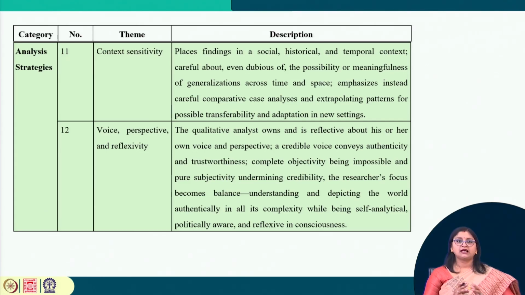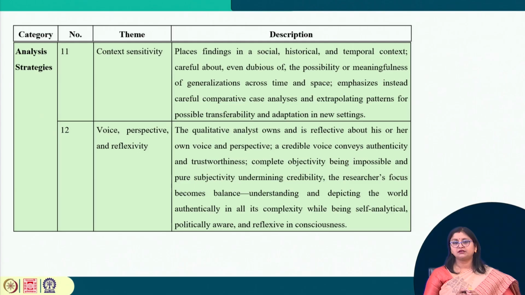So, the last two categories of analysis strategy are context sensitivity, and voice, perspective and reflexivity. Regarding context sensitivity, Patton mentions that it places findings in a social, historical and temporal context.